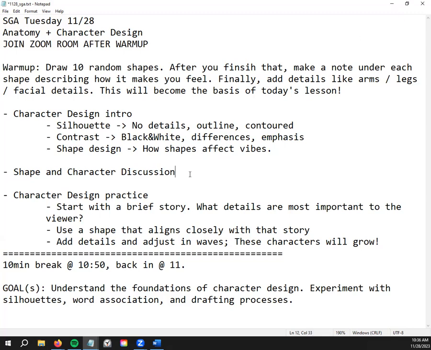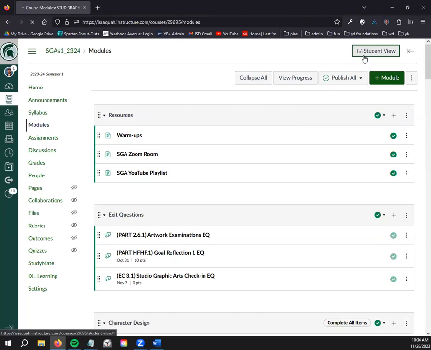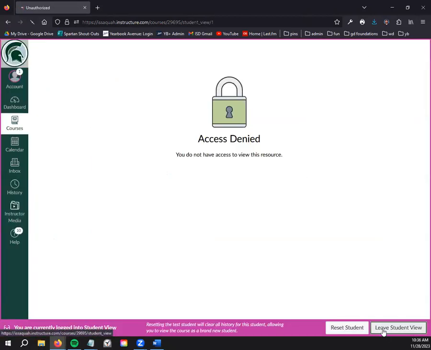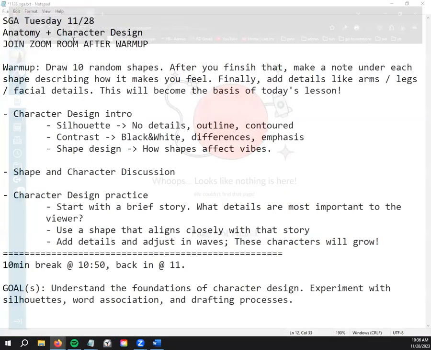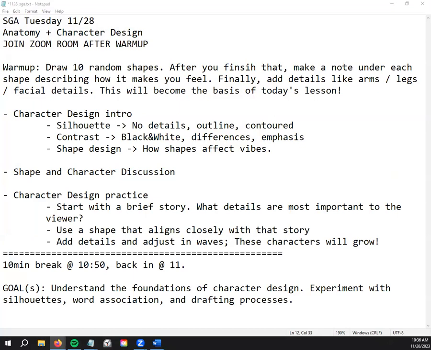Okay, so now what I'll have you guys do is this quick shape and character discussion that should wrap up our Zoom room for the time being. Let me publish that real quick. So if you go to Canvas. Okay, give me a sec. I thought it was published.